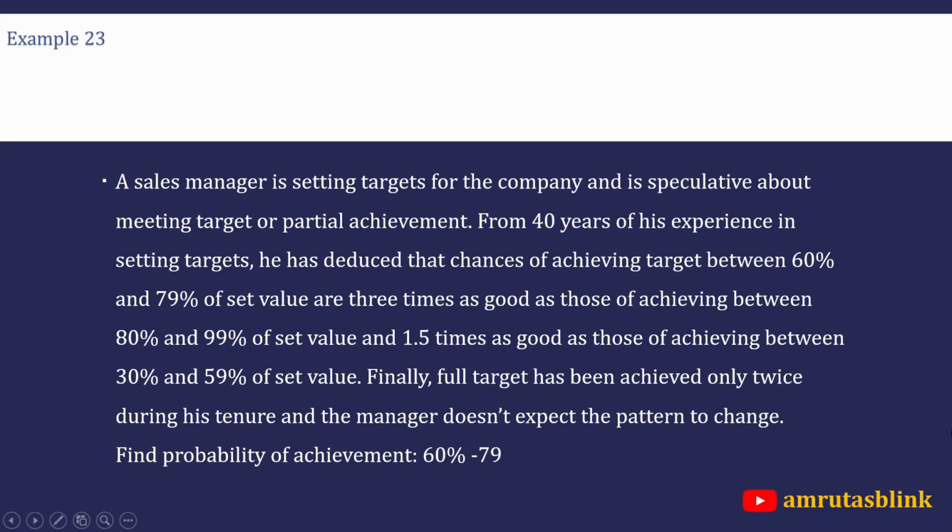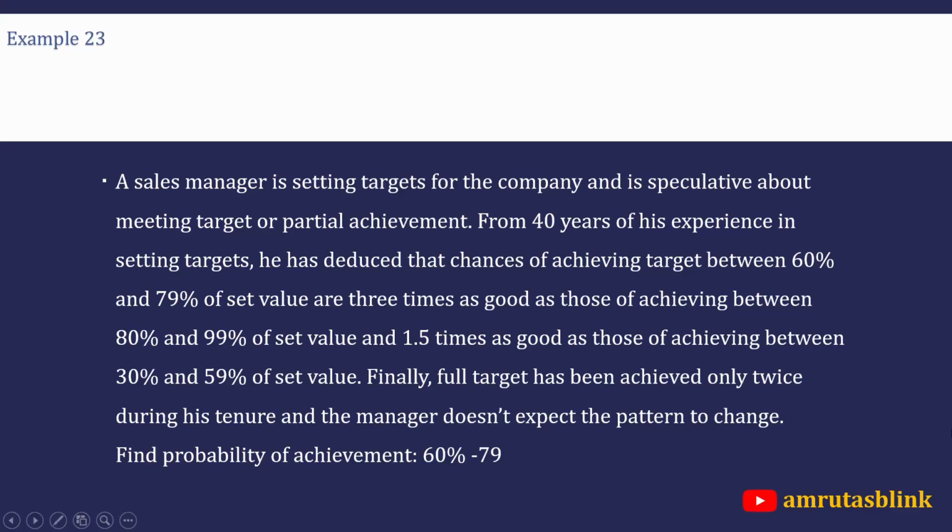From 40 years of his experience in setting targets, he has deduced that chances of achieving target between 60 and 79% of set value are 3 times as good as those of achieving between 80% to 99% of set value, and 1.5 times as good as those of achieving between 30 to 59% of set value. Finally, full target has been achieved only twice during his tenure, and the manager doesn't expect the pattern to change. Find the probability of achievement.